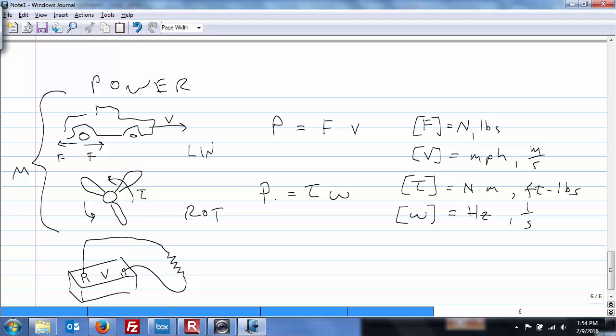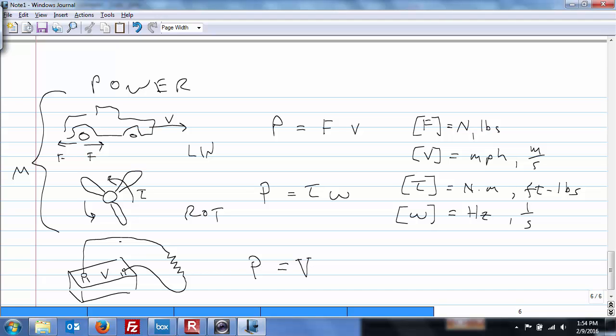Now, what do we multiply by what to get power in an electrical system? I already mentioned volts. Watts are what we're going to get out when we multiply the two things together. So this is a big V for volts. This thing up here was a little v for velocity. Yeah, even simpler though.